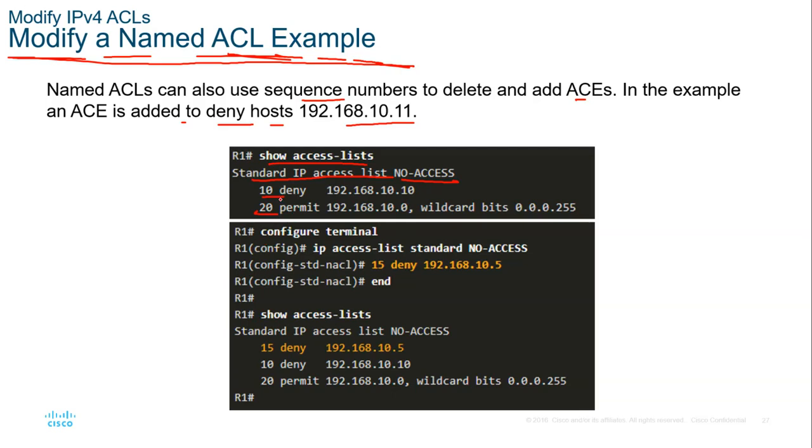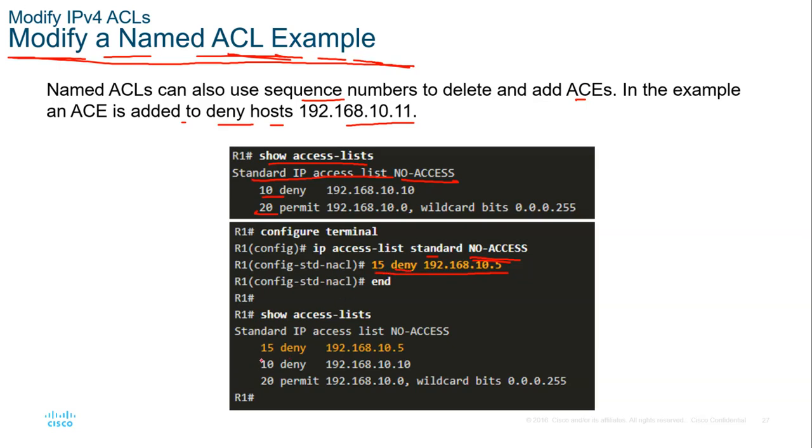Remember we said that we cannot overwrite an entry, so you can delete and put the entry in afresh. So it's ip access-list standard, then no, and we add 15. So 15 here, deny this.